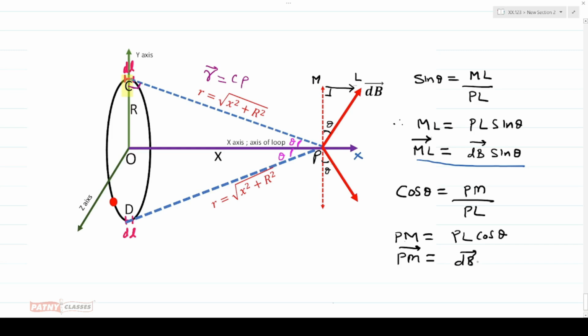Therefore, PM is also a vector, so vector PM equals dB cos theta. So we got the component along x direction, that is vector ML, dB sin theta, and the component in vertical direction, vector dB cos theta.